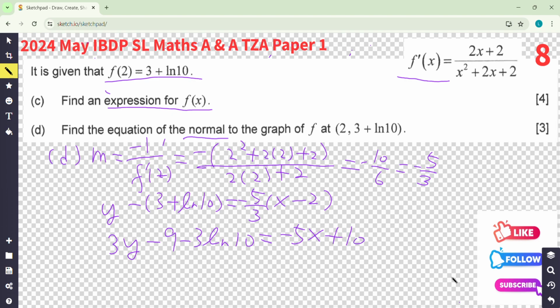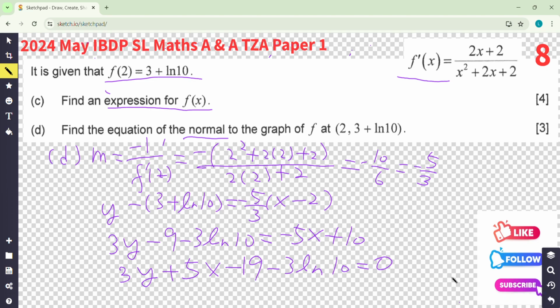Be careful, be careful. Any careless mistake, look. It seems no way. Then go on. Plus 5x over 3, minus 3 minus log 10 looks ugly, right? So think about it twice, okay?